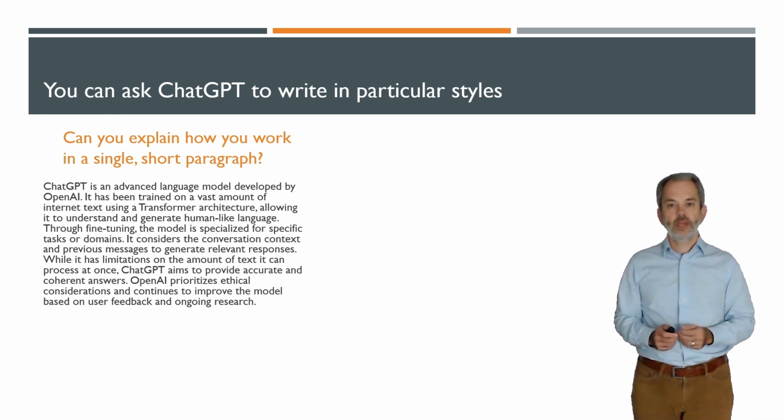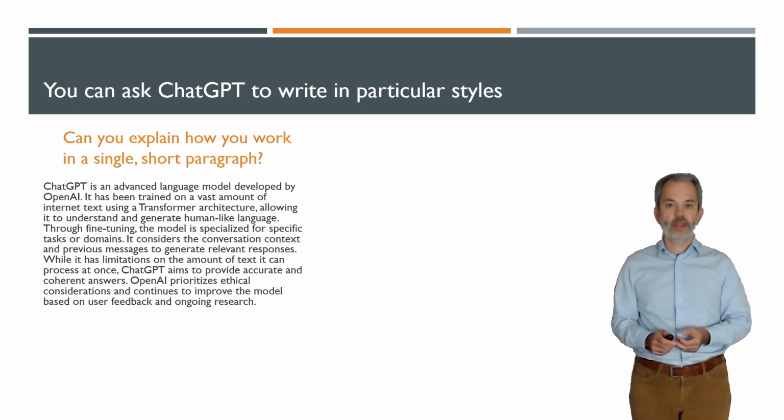Through fine-tuning, the model is specialized for specific tasks or domains. It considers a conversation context and previous messages to generate relevant responses. While it has limitations on the amount of text it can process at once, ChatGPT aims to provide accurate and coherent answers. OpenAI prioritizes ethical considerations and continues to improve the model based on user feedback and ongoing research.